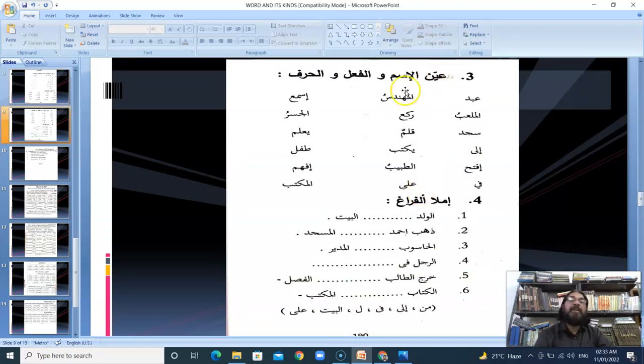Then after that, ayyin al-isma wal-fi'la wal-harfa, identify the noun and the verb and the particles. So here jumble words are given. We have to identify the noun, verb and particle. Abdun, al-ism, the noun.